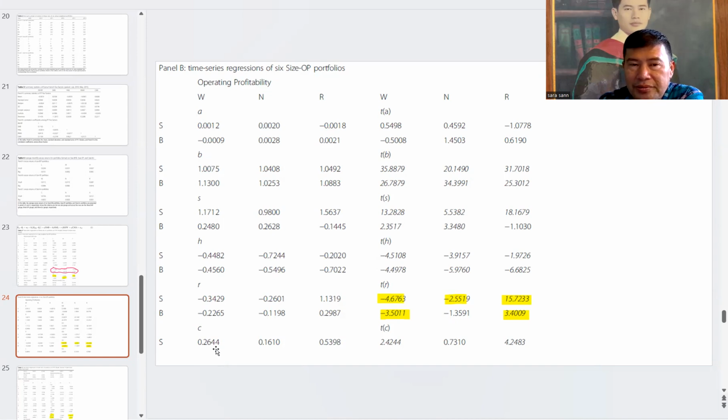When the CMA or return on investment goes up, the excess return of small size to weak return on equity goes up.